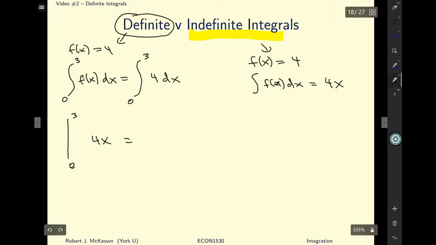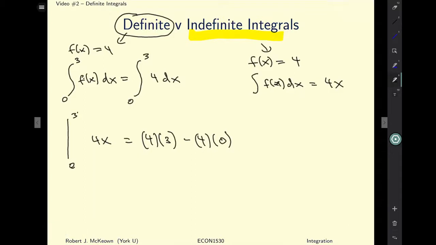And this thing is going to be equal to the distance from 0 to 3 using this integral. And so I would write it as 4, and wherever there's an x, I'm going to put a 3. And then I'm going to have a minus. So I'm looking at the area between 3 and 0. I put a minus, got a 4, right? That's the function itself, but this time x is going to be 0.